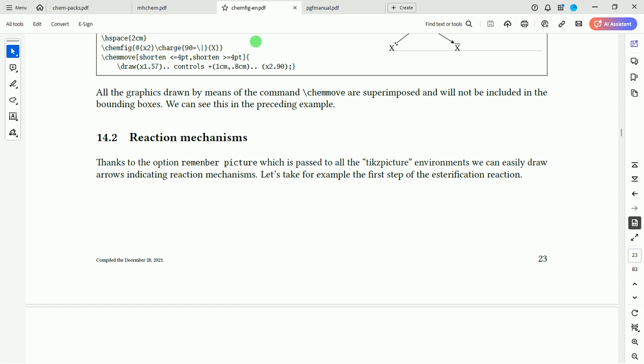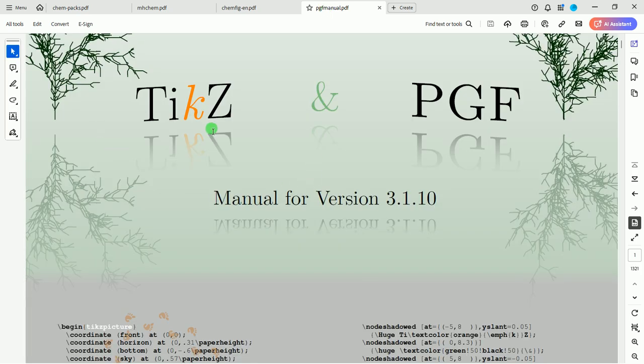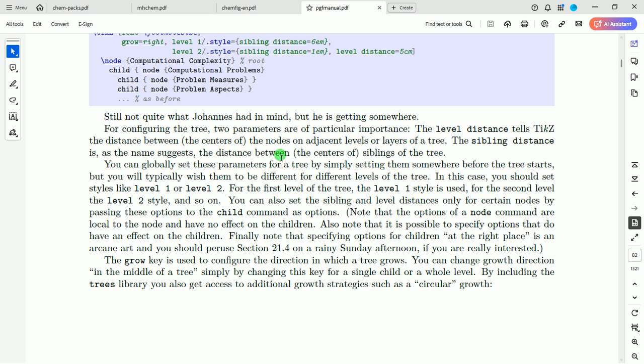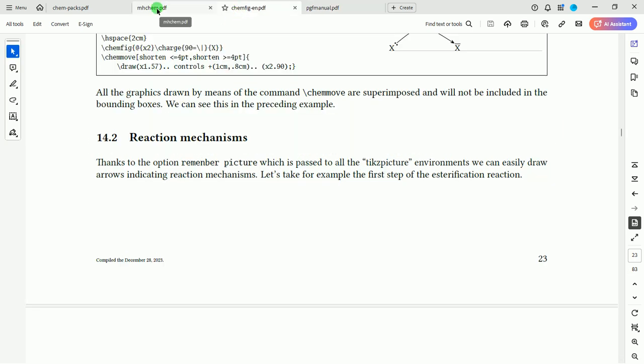Chemfig package actually depends on TikZ package, and it is better to download this documentation also for TikZ package. Some of the options, if you know beforehand, it will be quite handy if you are using Chemfig package and MHChem package.